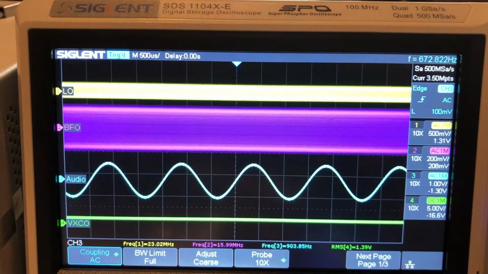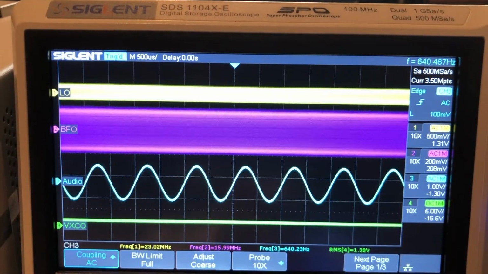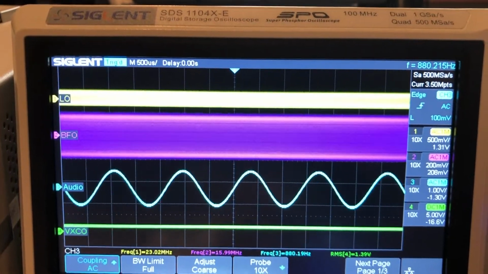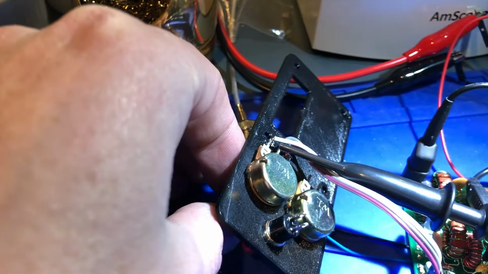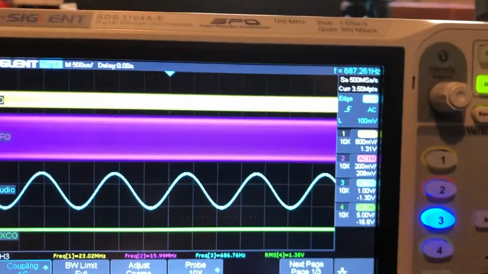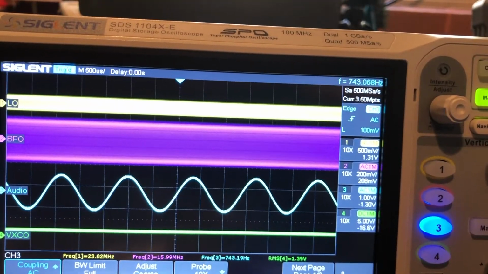So let's see if I can get this to 700 hertz. It was not easy. I mean, I'm barely touching this knob. If you look, I'm like going like this. I don't know if you can even see the knob moving. And it's, you know, oh, that was 300 hertz.